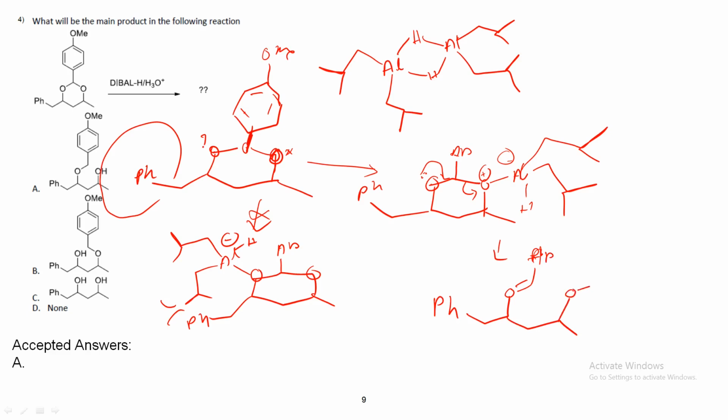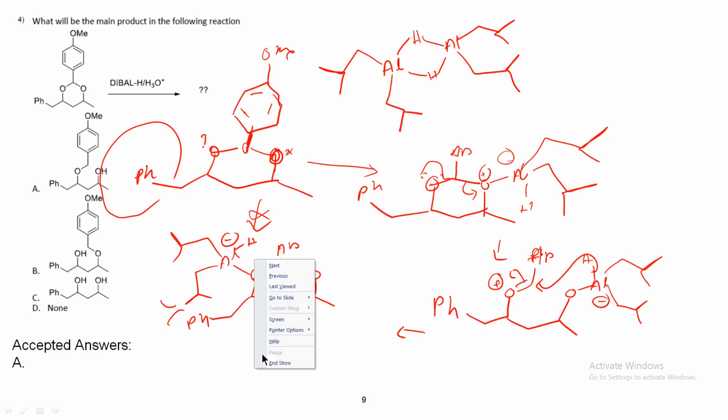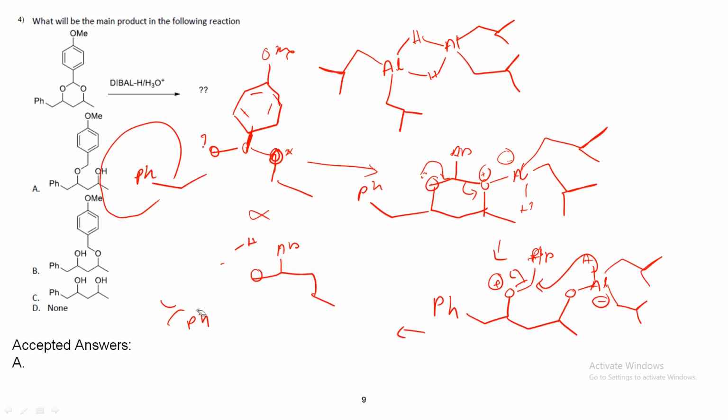We have generated this particular product. Now what should be happening? The H minus can attack and this can open up. So let me clear this part. It is well understood now.